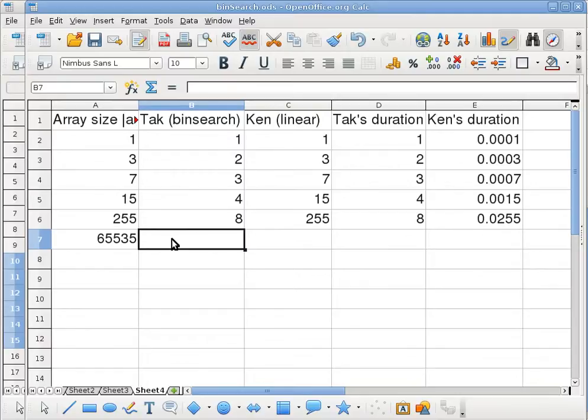And 7 is 2 to the power of 3 minus 1. 255 is 2 to the power of 8 minus 1. This one is 2 to the power of 16 minus 1. So I need 16 comparisons in this case. But instead of just typing 16, I will use an equation because I'm lazy. So we'll just say that this is the log of this number divided by the log of 2.